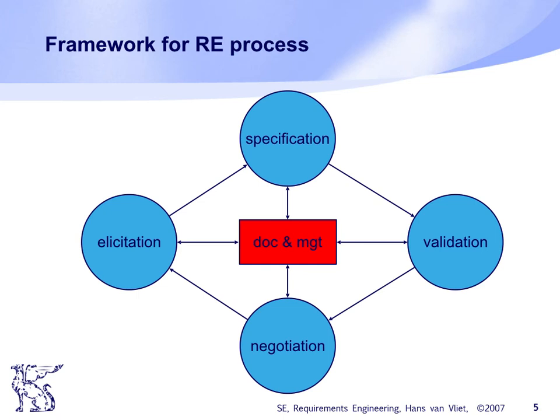You have done the requirement analysis 1 or 2 years earlier, right? In the meantime, the market might change or the user preference might change. So you have to come back again to this requirement engineering phase. You have to come back again, and then go through these phases again. So that's why it's an iterative process.